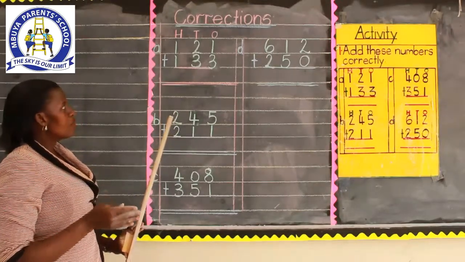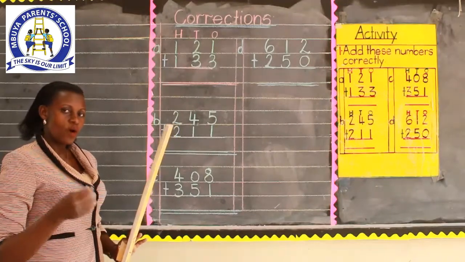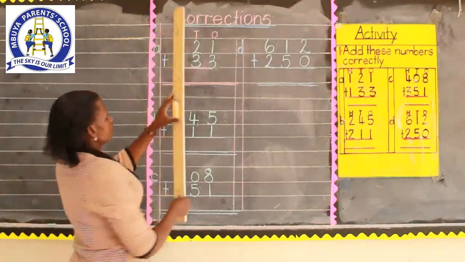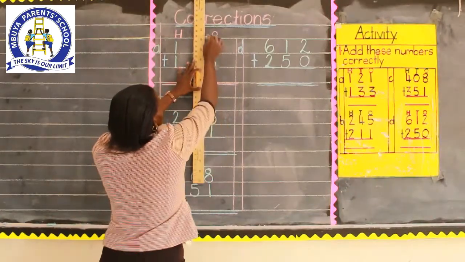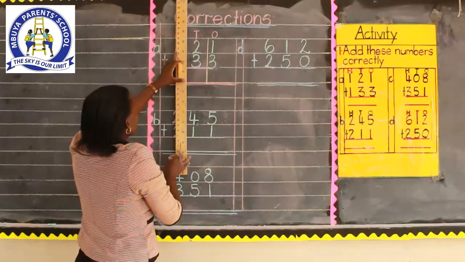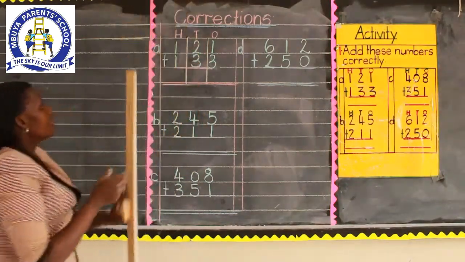We separate ones from tens and from hundreds, so that our work looks neat. Are we together? Good. Now let's separate them. I believe you also did this. Separating ones from tens, then also tens from hundreds.